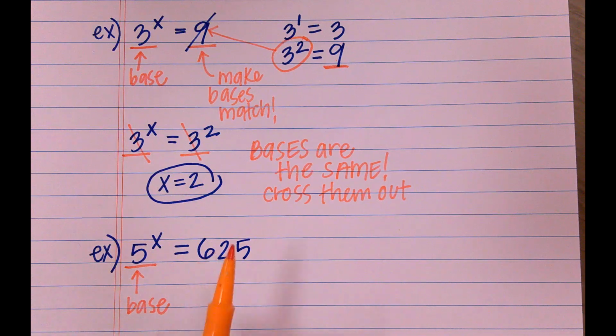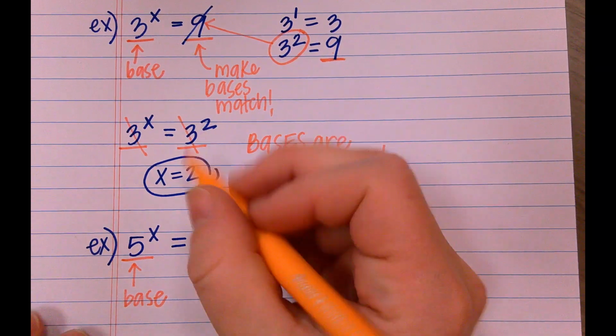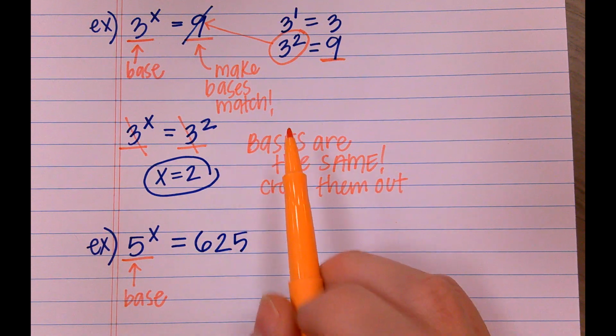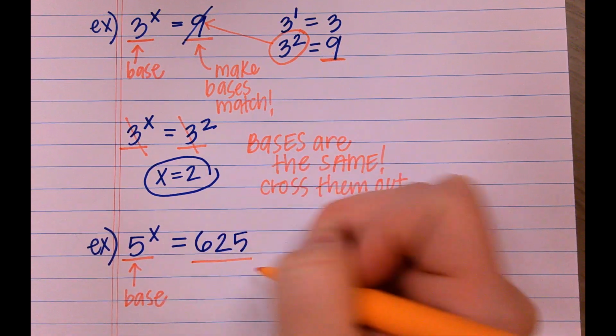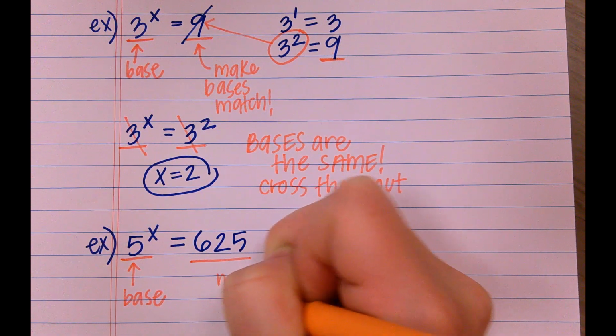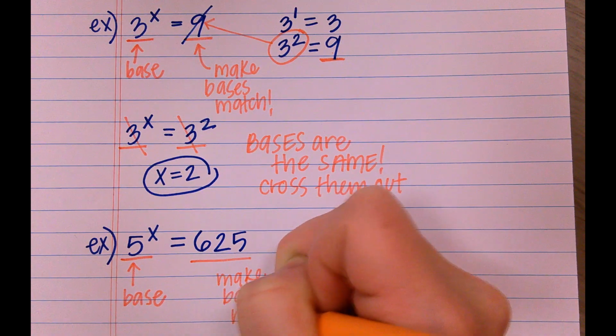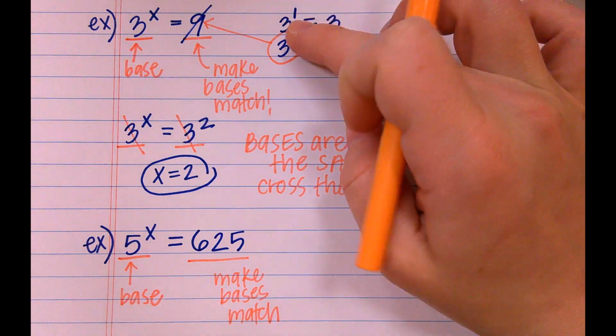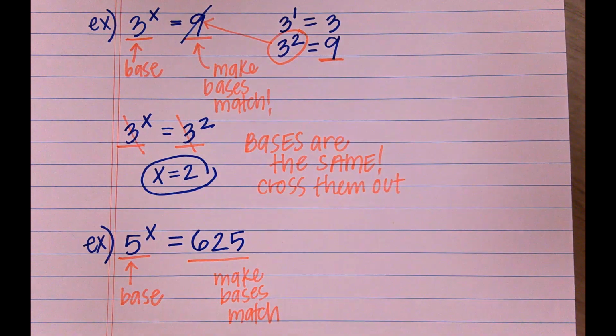No. It's not 5, it's 625. So we're going to do the same thing. We want to make the bases match. So again, when we make the bases match, we take the base that we want and start trying different exponents.